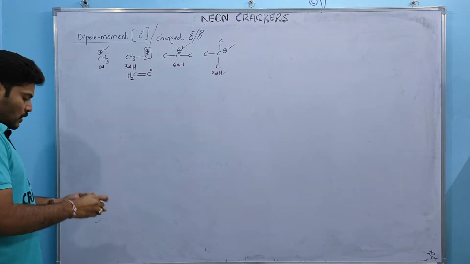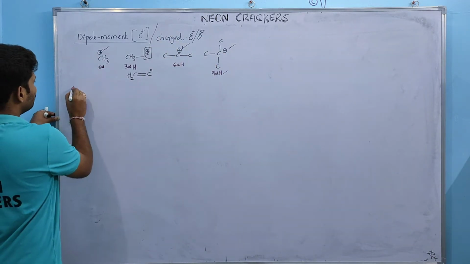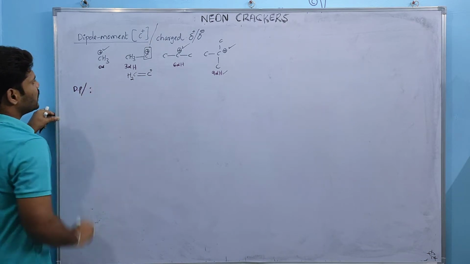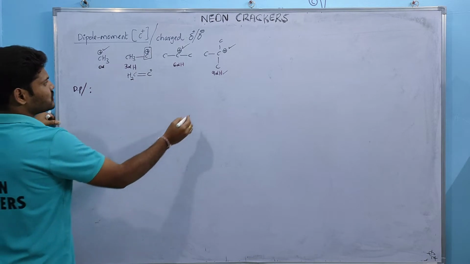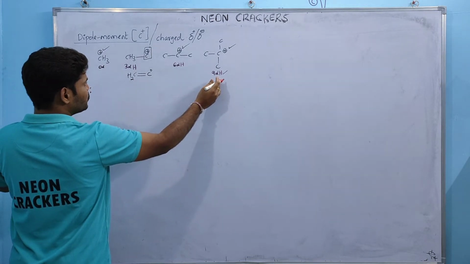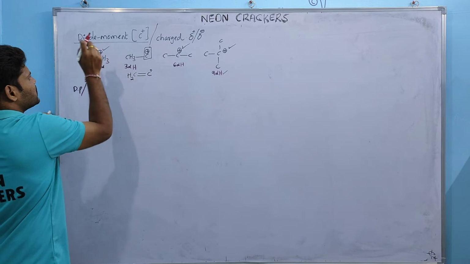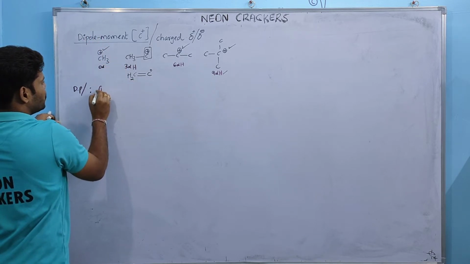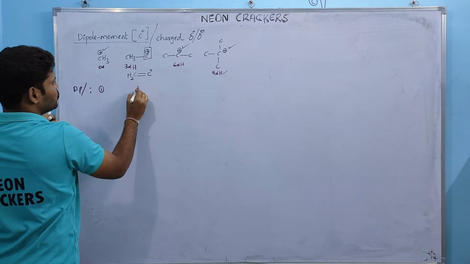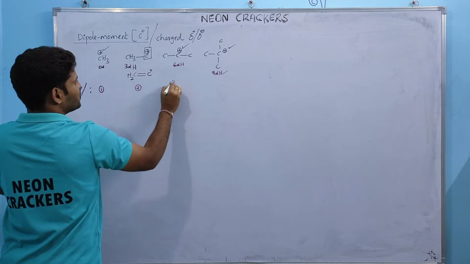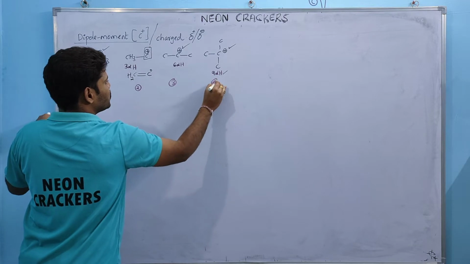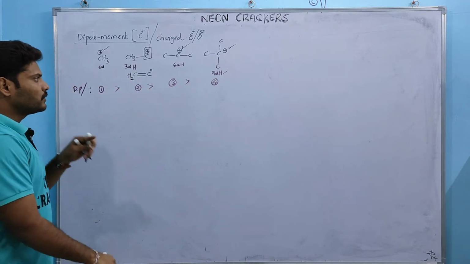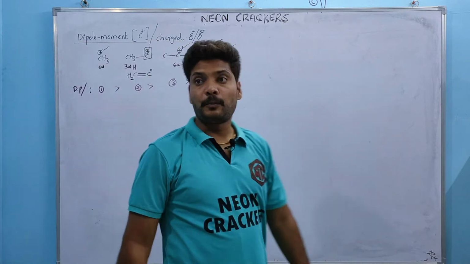So what is the dipole moment order here? The first one is nearly neutral. This one has no hyperconjugation, so complete positive charge exists. So this one is first, the next is 2, next is 3, and then 4. So this would be the order of dipole moment.